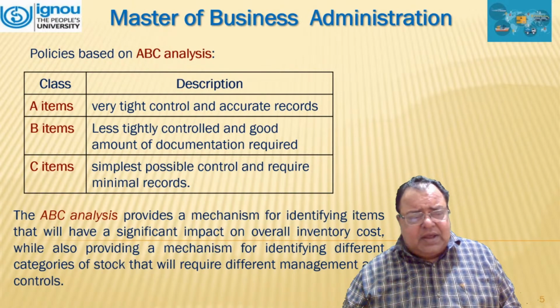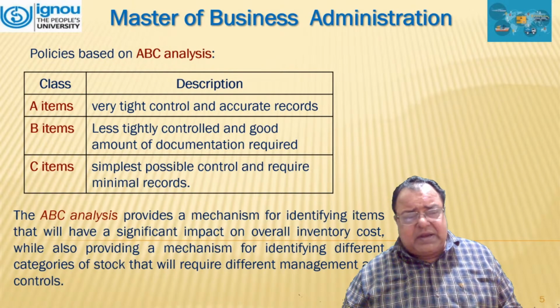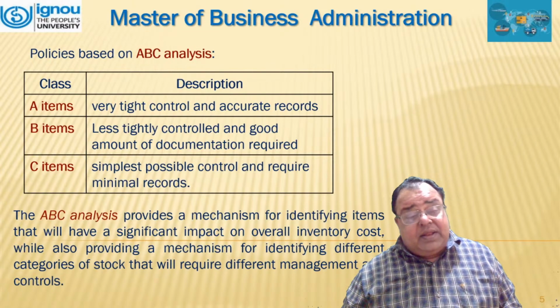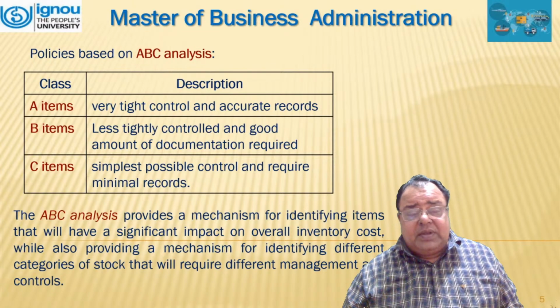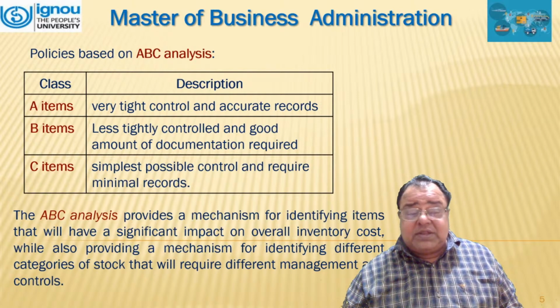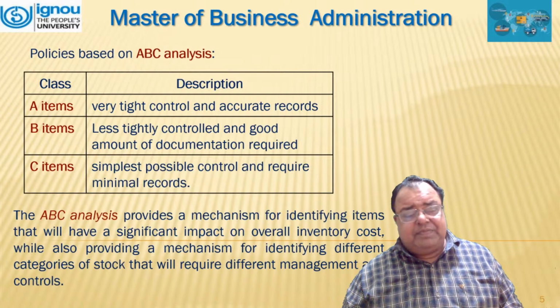A items are those which need very tight control and accurate records are required. B items are less tightly controlled and a good amount of documentation is required. And the third one is C items, which need the simplest possible control and require minimum records.